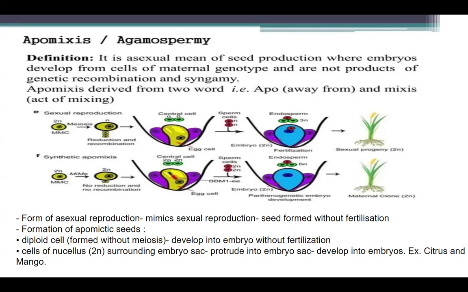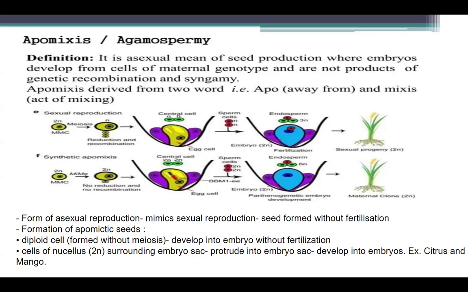So syngamy is not occurring. It's asexual reproduction that is trying to mimic sexual reproduction. The seed is formed without fertilization.